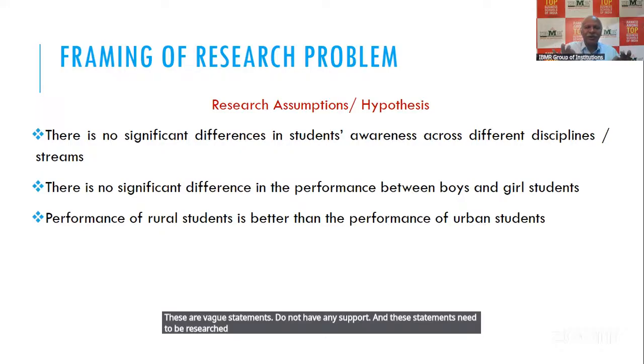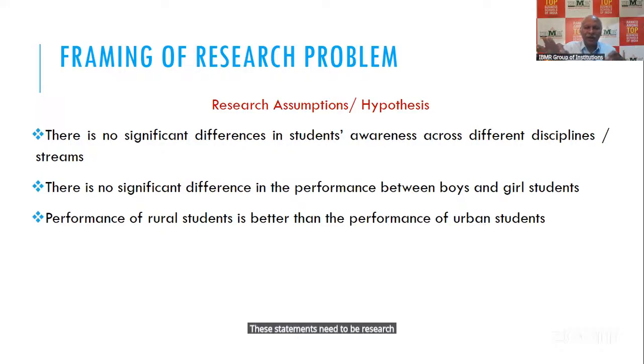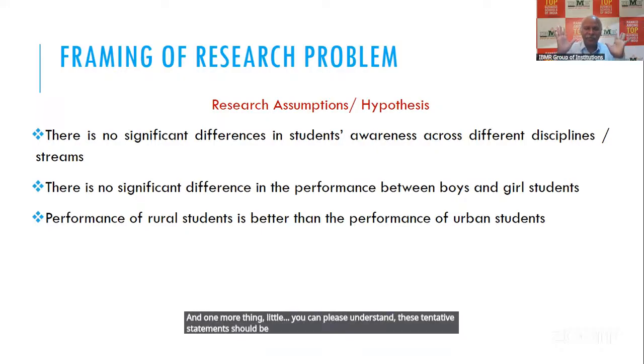These statements need to be researched so as to accept or reject the statements, or prove or disprove them. And one more thing, please understand, these tentative statements should be researched.